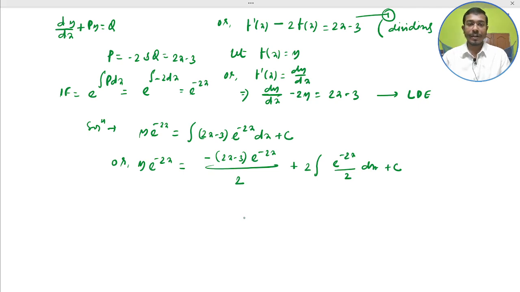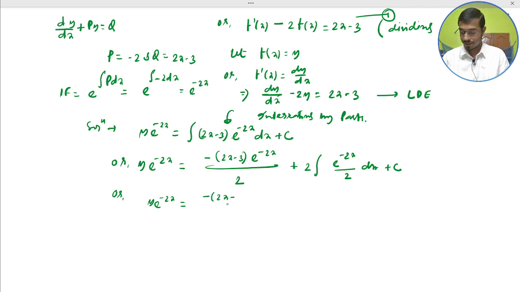Using integration by parts, y e to the power minus 2x is equal to minus (2x minus 3) e to the power minus 2x divided by 2 minus e to the power minus 2x by 2 plus c.